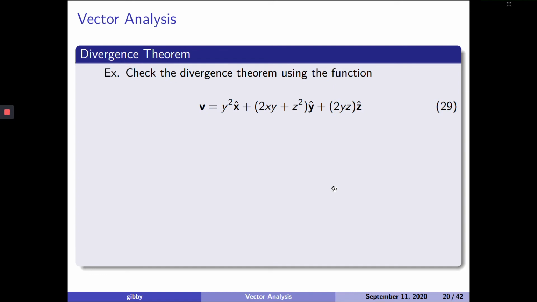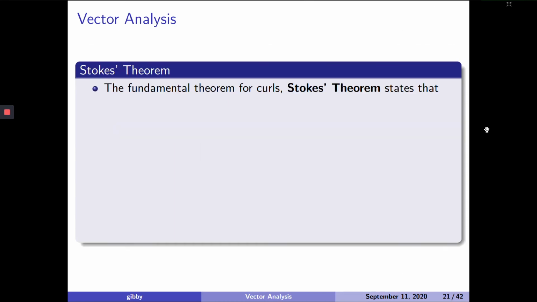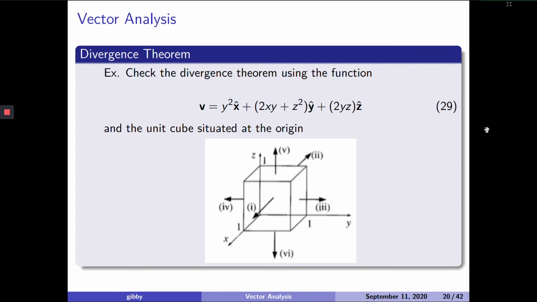Using equation 27, we can check the divergence theorem using this function. So let's take a look at this function, and a unit cube situated at the origin. Okay, it's the same one I showed earlier. Then we just have to take the divergence of this vector function, and a unit cube situated at this.